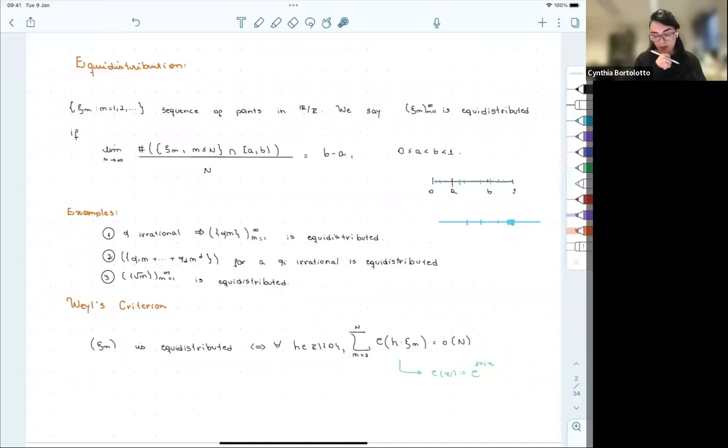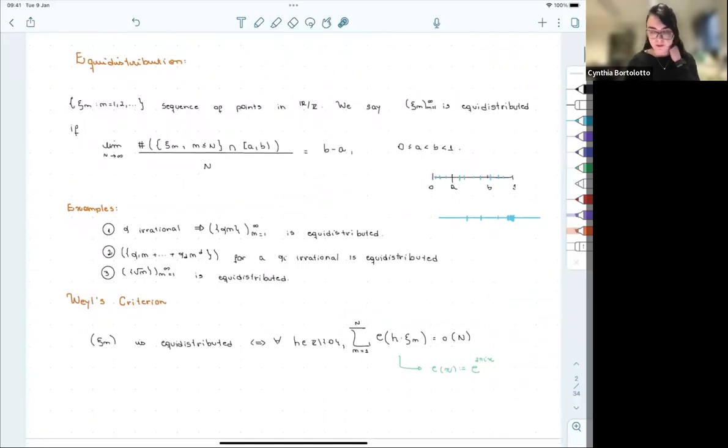To prove this, we usually don't check the definition, but we have something called Weyl's criterion, which gives another way to check whether a sequence is equidistributed or not. That's perhaps the most natural way.